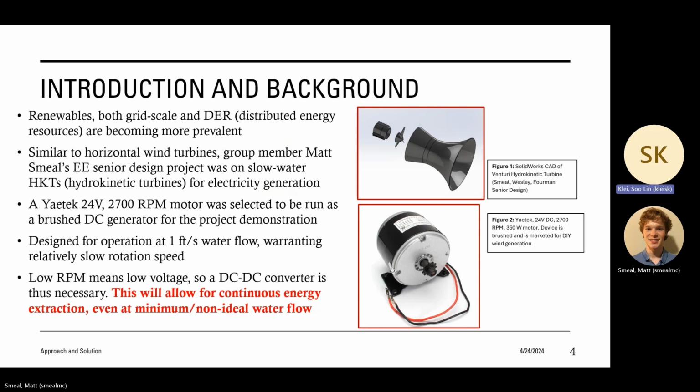The Yitech 24-volt 2,700 RPM motor was selected to be run as a brushed DC generator for the project demonstration. It is designed for operation at 1 foot per second water flow, warranting relatively slow rotation speeds. Low RPM means low voltage, so a DC to DC converter is necessary. This will allow for continuous energy extraction even at minimum or non-ideal water flow.